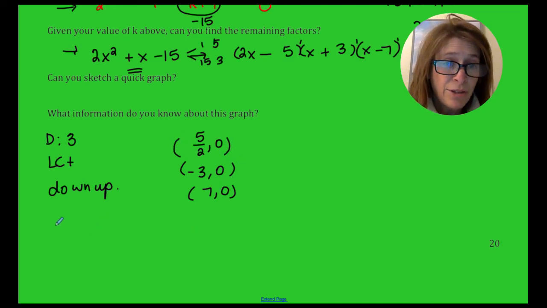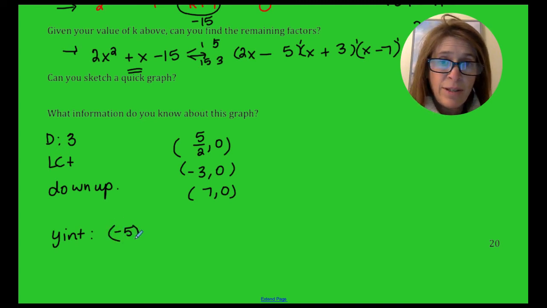I know my y-intercept is, let's see, negative 5 times 3 times negative 7. So 35 times 3, which I think is 105, but I'm going to check that out.